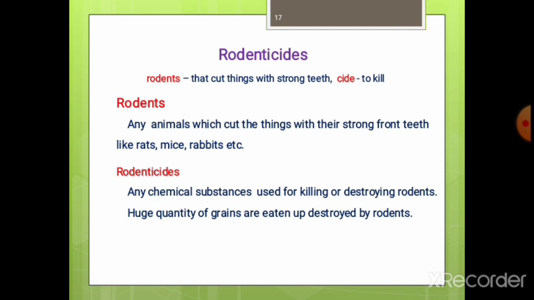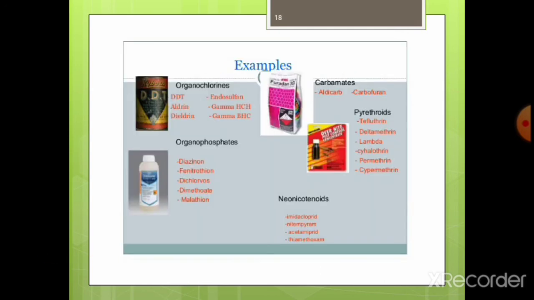These rodents destroy a large amount of grains; a huge quantity of grains is eaten up and destroyed by the rodents, and hence it is very important to kill the rodents. This is an example of different agrochemicals or pesticides, herbicides, which are used in day-to-day life for increasing crop production.